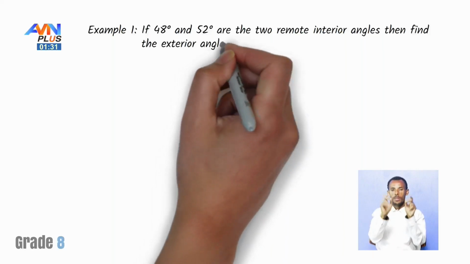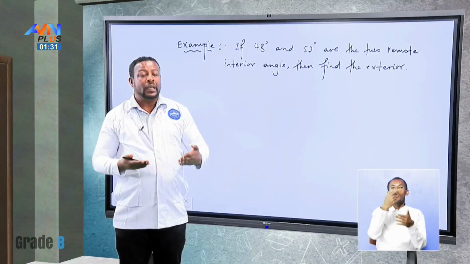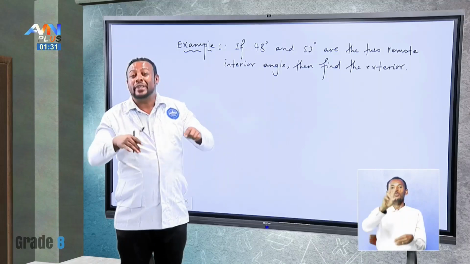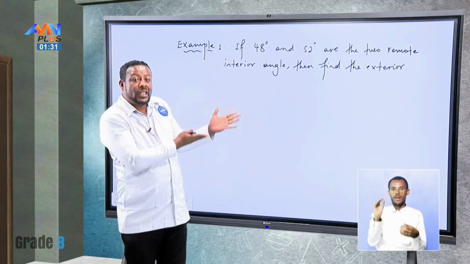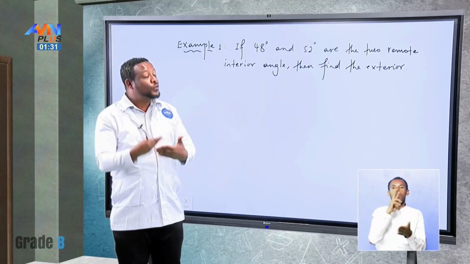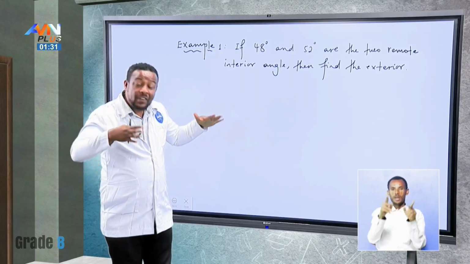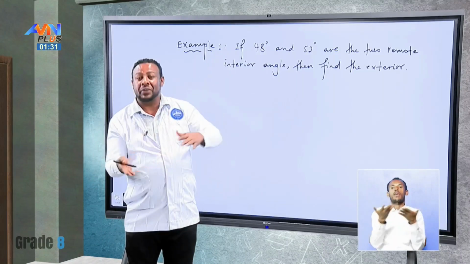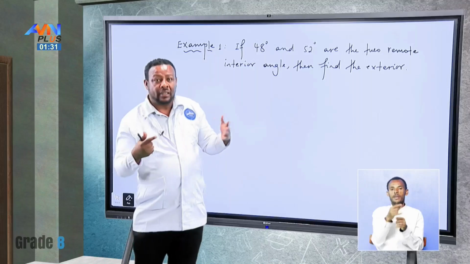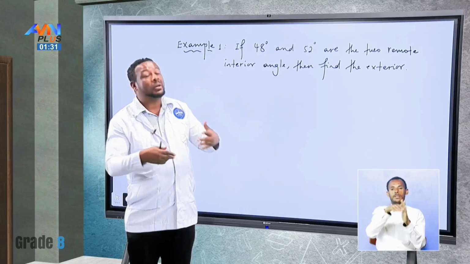Okay, look here, what's given? The two remote interior angles are given, and based on this, you are asked to find the exterior angle. Okay, so the first thing, you need to put this thing geometrically. It's not necessary, but you can represent this thing geometrically.